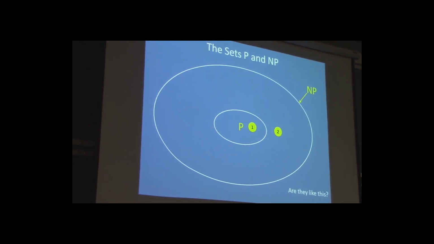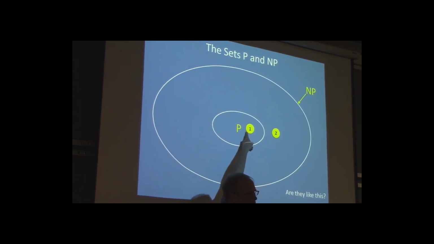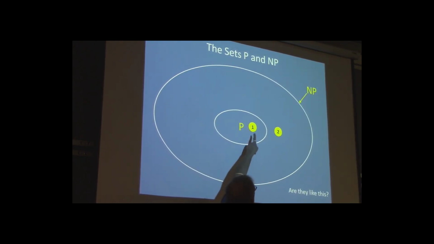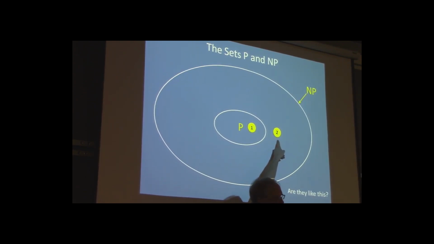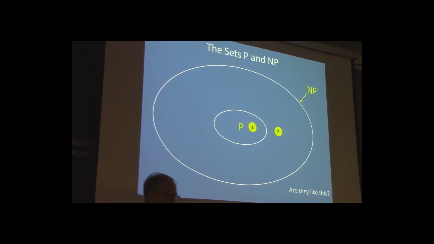And here's the million-dollar question. What's the relationship between P and NP? So one possibility is that P is a proper subset of NP. So think of that as a particular problem. If this is the way the world is organized, then this would be some problem on the right-hand side of that table I gave you. And this would be one of those problems like the traveling salesman problem on the left-hand side. So P is a proper subset of NP.